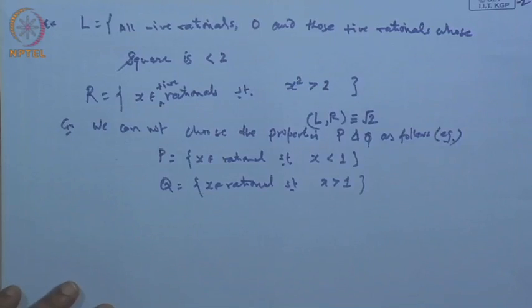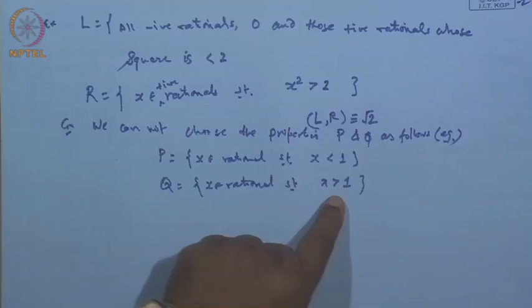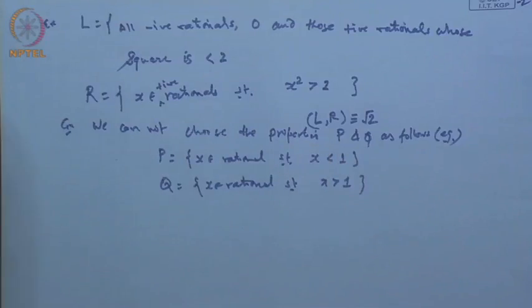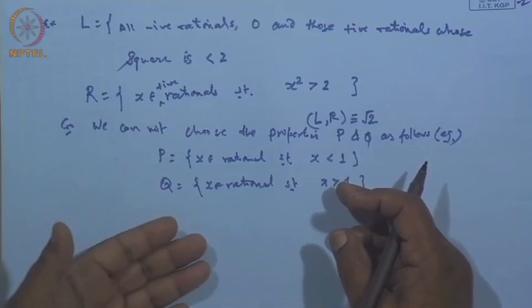Why can we not choose this? The reason is that this type of property gives a lower class and an upper class, fine. All the rational numbers less than 1 will form the lower class, all the numbers greater than 1 will form the upper class. But what about the number 1? It belongs neither to the lower class nor to the upper class. So, we are not including it, and all the rational numbers cannot be covered.